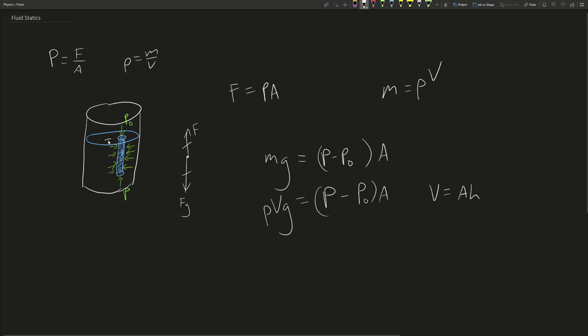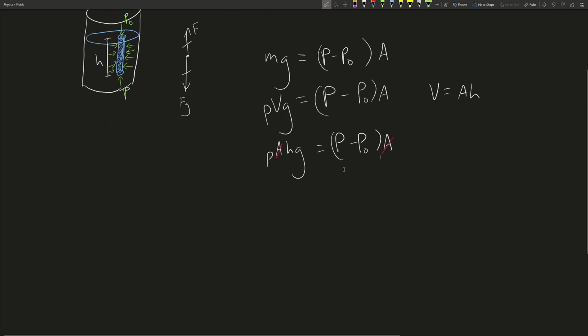So this here is the height. So now we can write rho, the density of this column of water or any fluid, times the area of the top or bottom surface times the height of the column times gravity is equal to the pressure at the bottom minus the pressure at the top times the area. You see that area here cancels out.